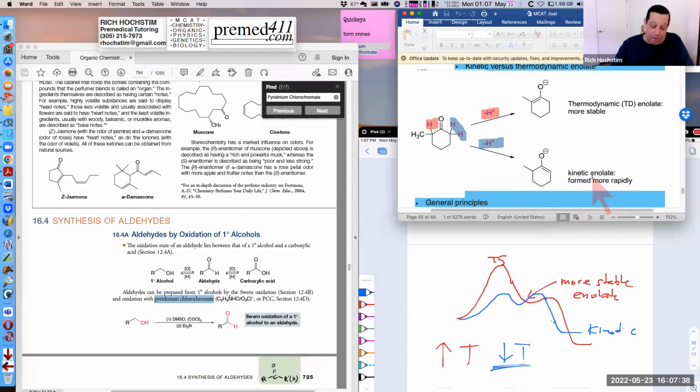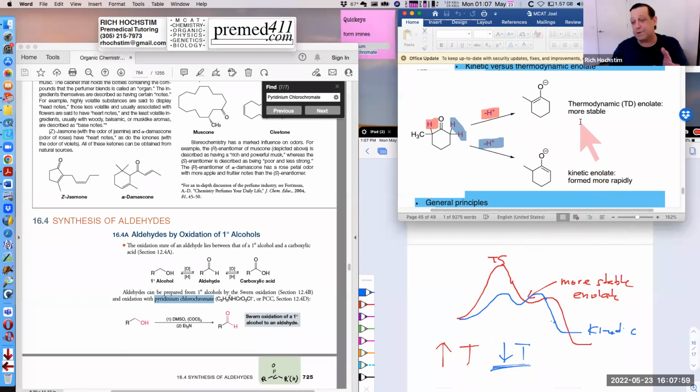Now, as far as higher temperature, if you raise the temperature up, this will equilibrate. The molecule will go into the red and the blue, and the one that has the lower energy, this is lower, is the one that's going to predominate. That's called the thermodynamic product.